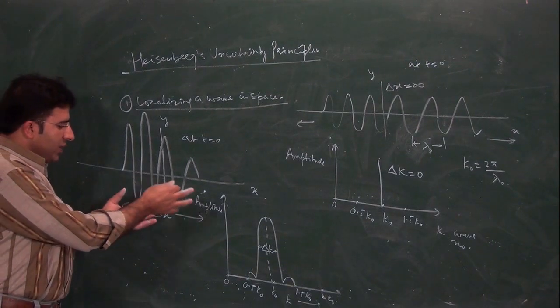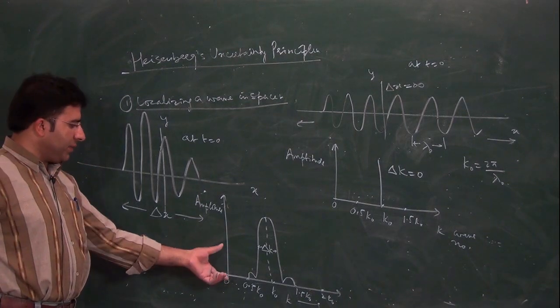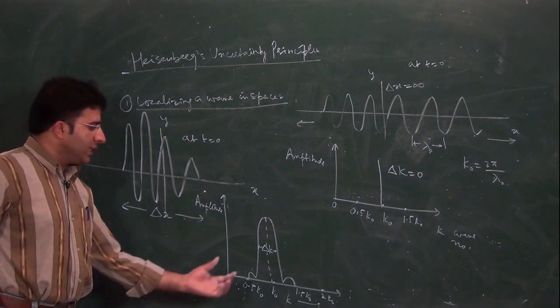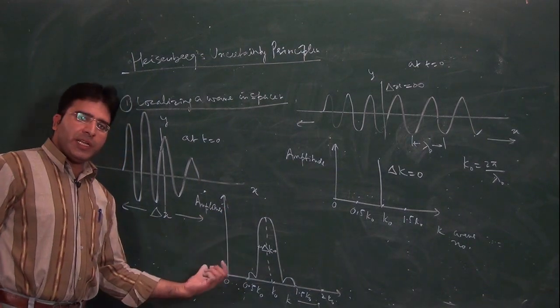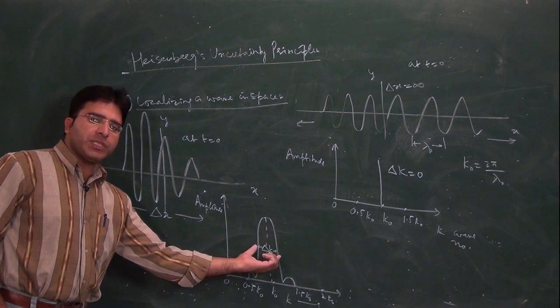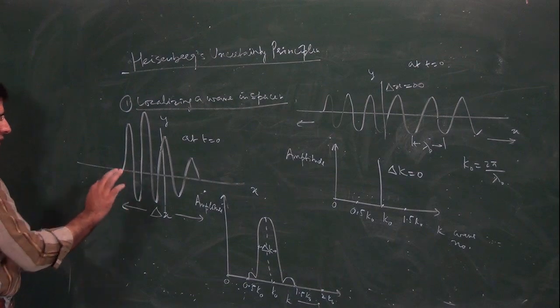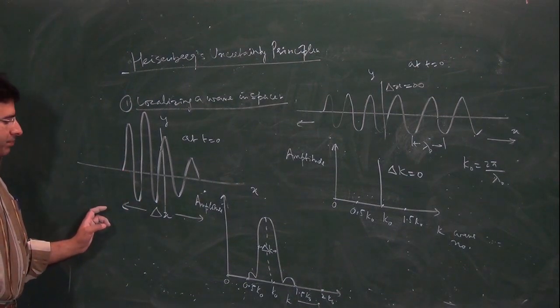But to construct this wave packet, we have to mix many waves having different amplitudes and different wave numbers. Hence the wave numbers contained in this wave packet have a spread of values, delta k.